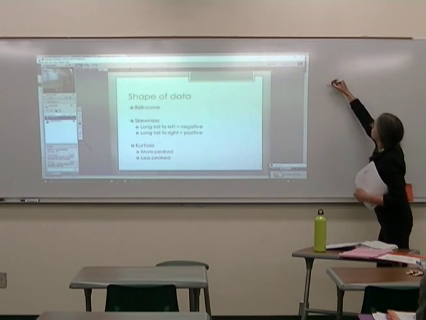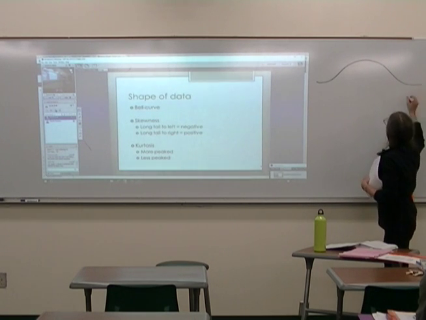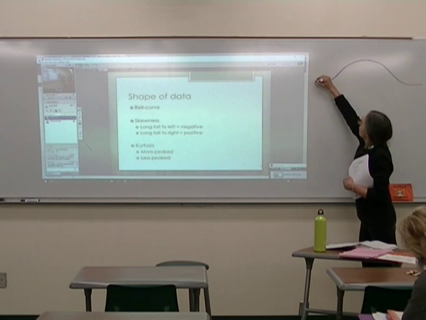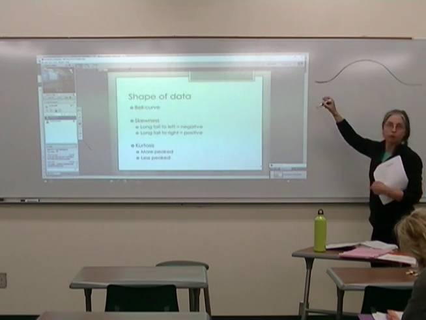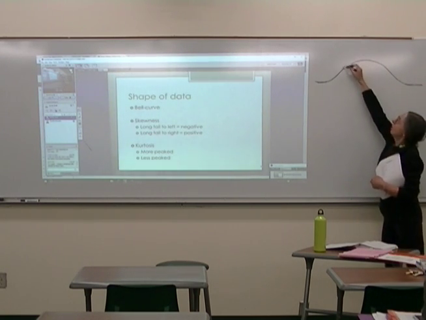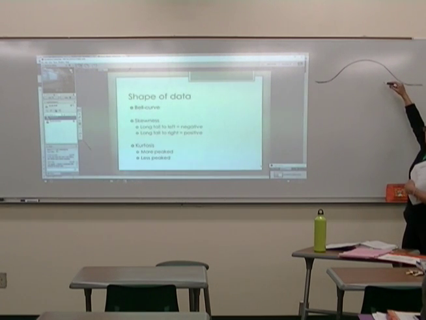Thank you. All right, so a normal bell curve, which I'm not very good at drawing, means that I have some data down here, I've got some data that lies on the other end, and the majority of my data sits in the middle in a nice normal curve.